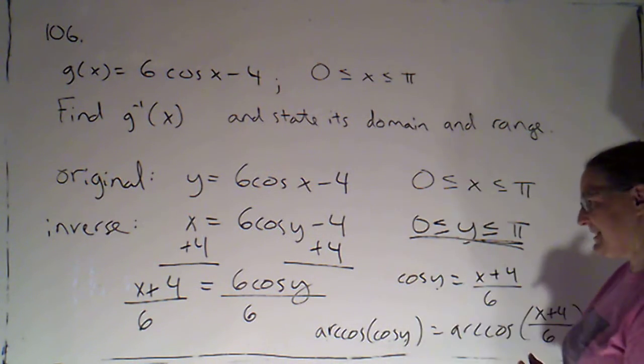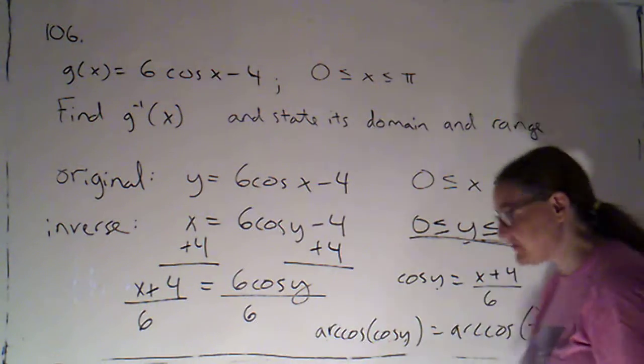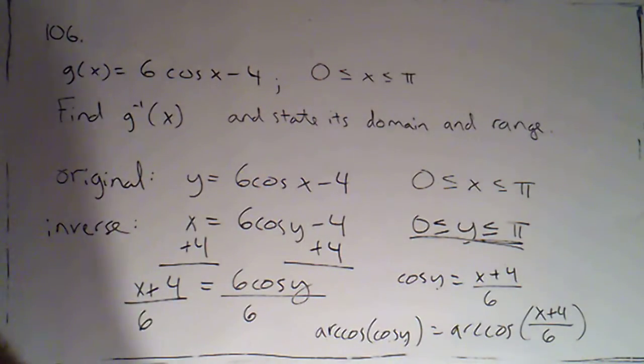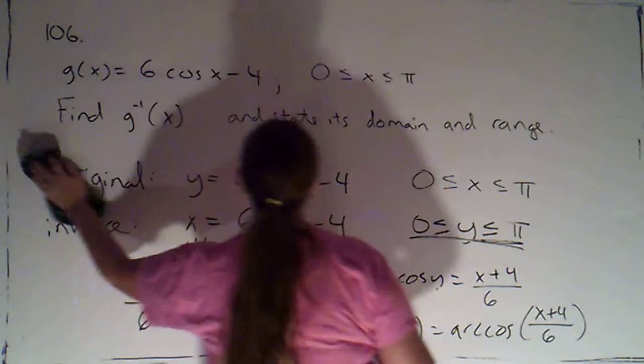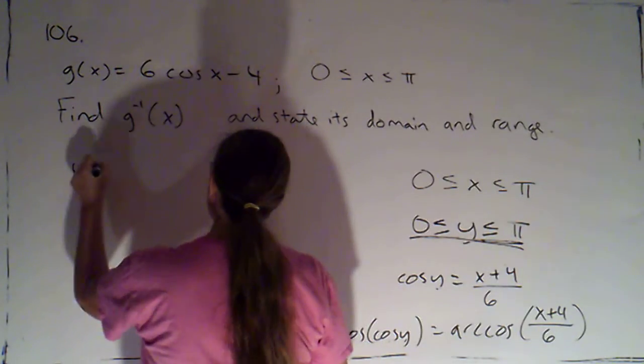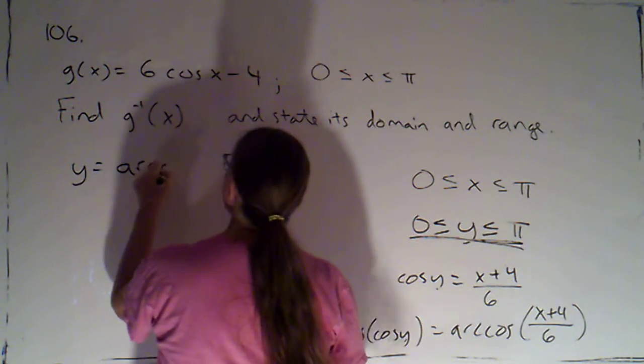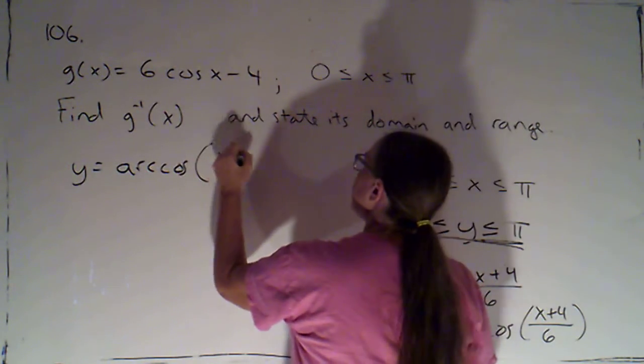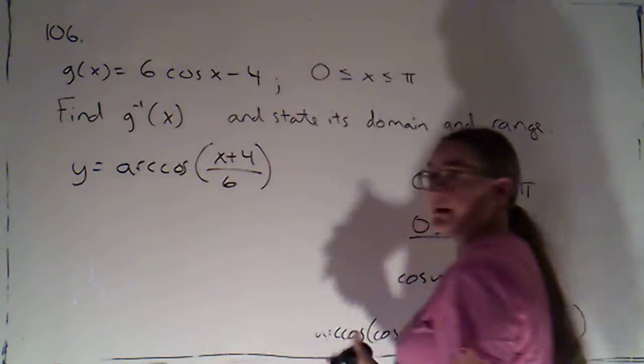But because y is in this interval, this just gives me y. Okay. So I have y equals arc cosine of x plus 4 over 6.